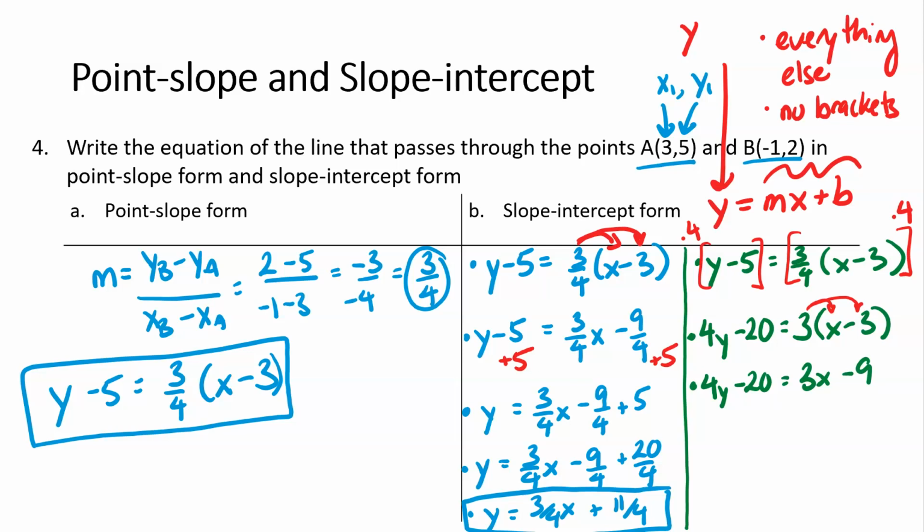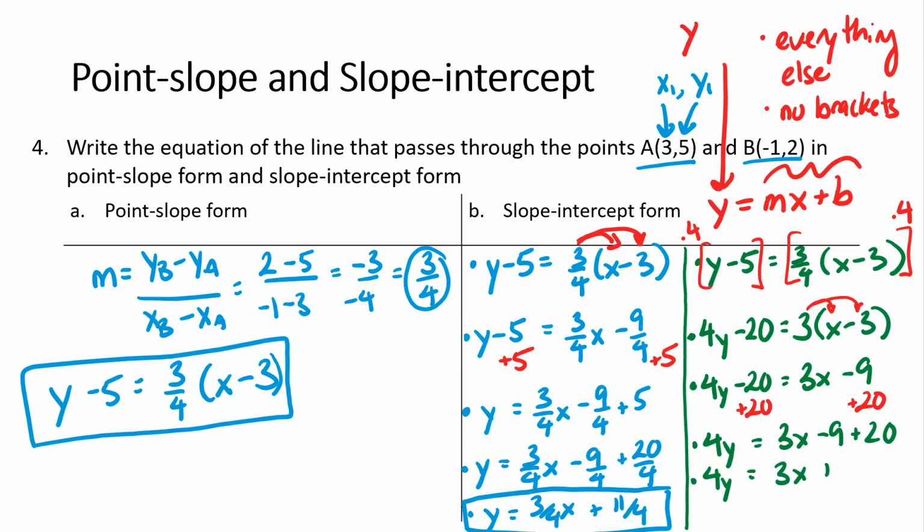Now we just want to isolate for y, so we're going to take that 20. We want to add 20 to both sides so we can get rid of it. So you'll have 4y equals 3x minus 9 plus 20. And let's combine like terms.